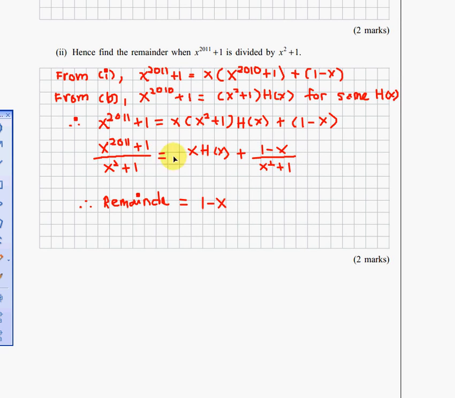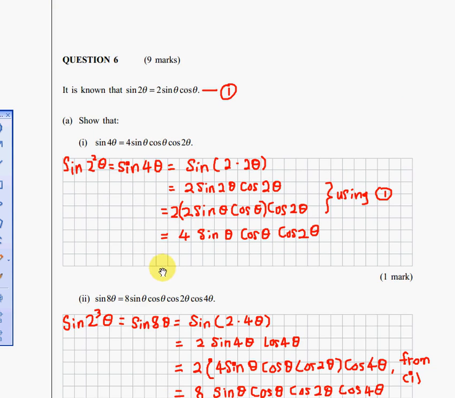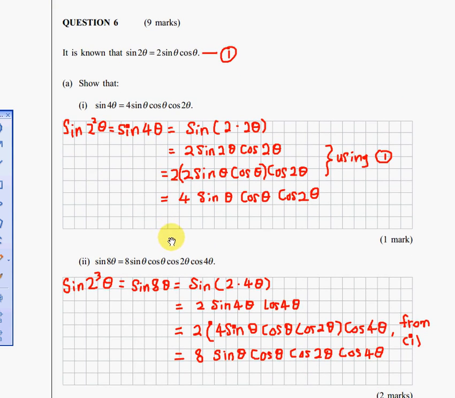You end up with this, and so this is the divisor, x squared plus 1, and the h(x) is your quotient, and therefore the 1 minus x is your remainder. Okay, now better read up on factor and remainder theorem.